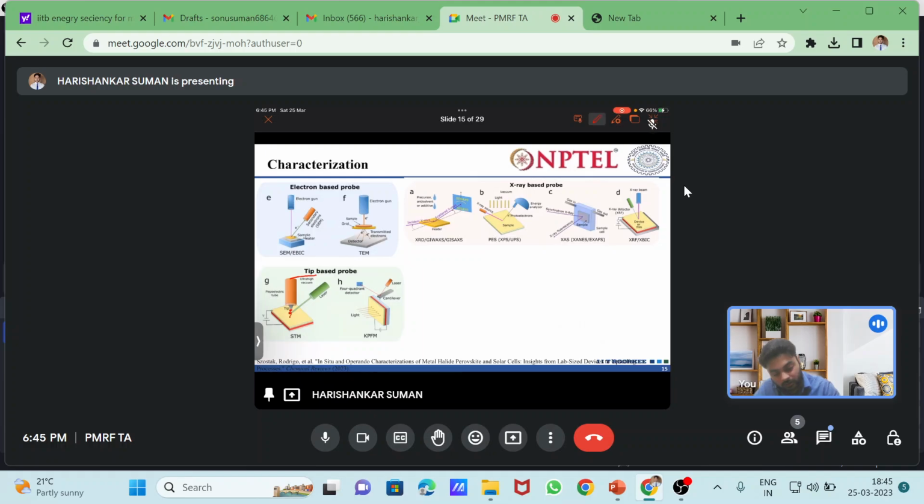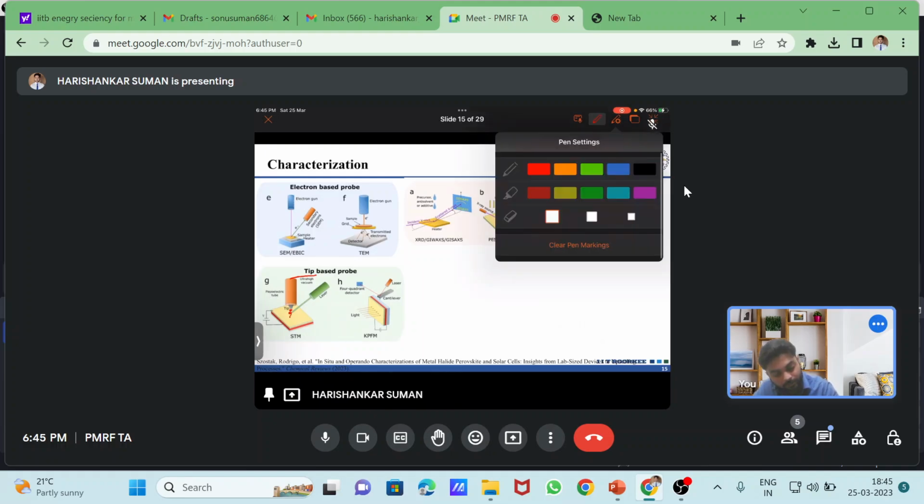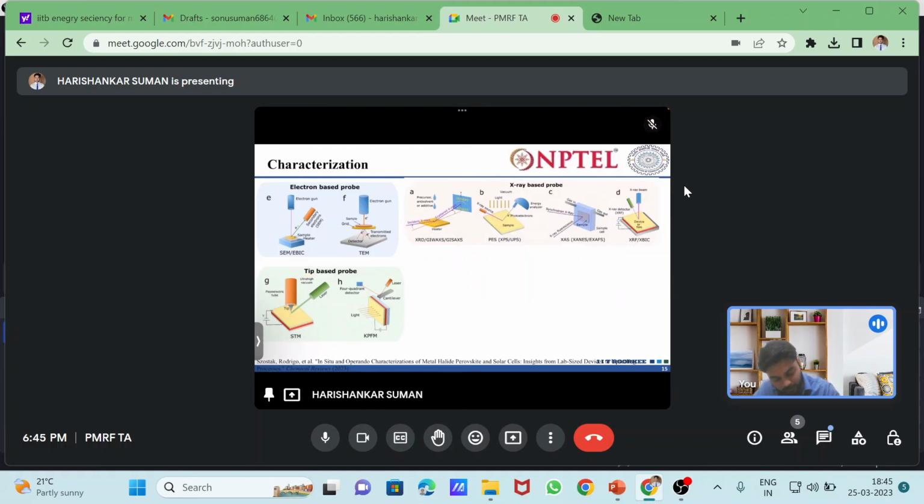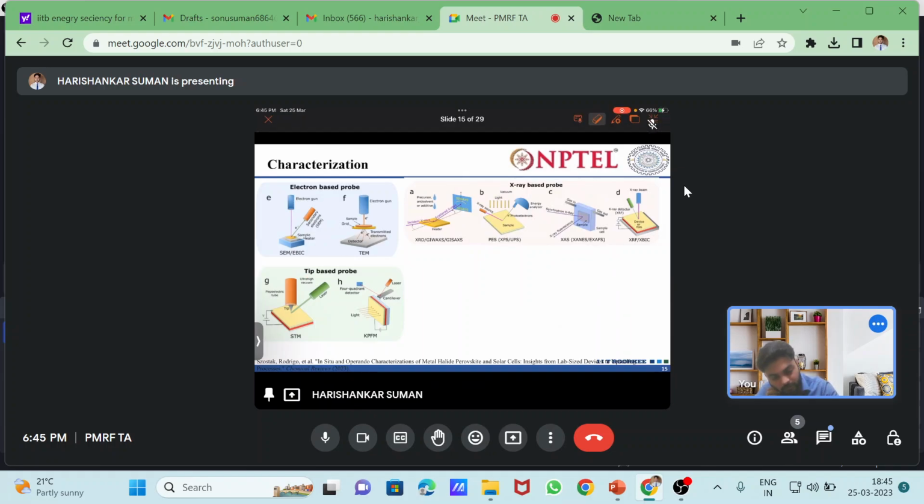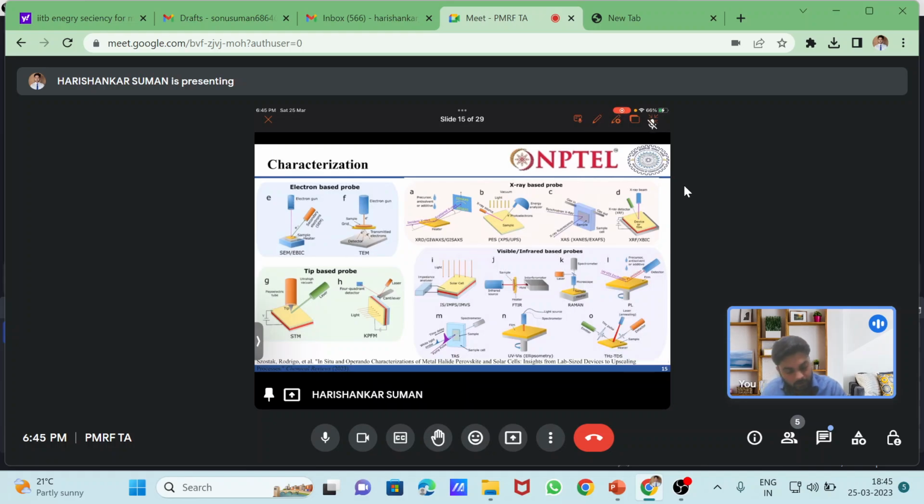So this is the measurement for tip-based techniques. Another is when light, visible or infrared, is incident on the sample, then from the detector we can collect the information.